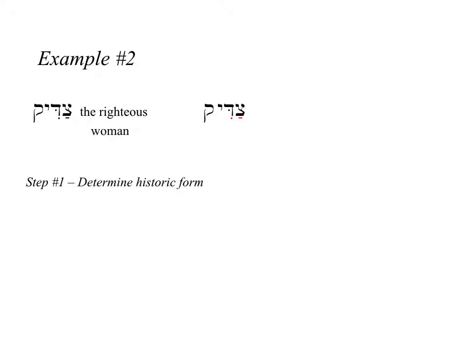Now, from my perspective as a teacher that has worked with Hebrew for a long time, I'm already feeling pretty comfortable about this word because I realize this word is completely unchangeable. No matter what you do to this word, it can never change because the historic long vowel will never change, and the short vowel under the tzadi that appears before the doubled consonant is in a closed, unaccented syllable that likewise is stable and unchangeable.